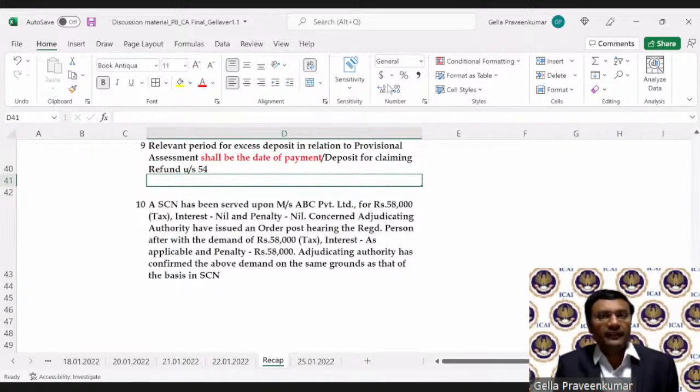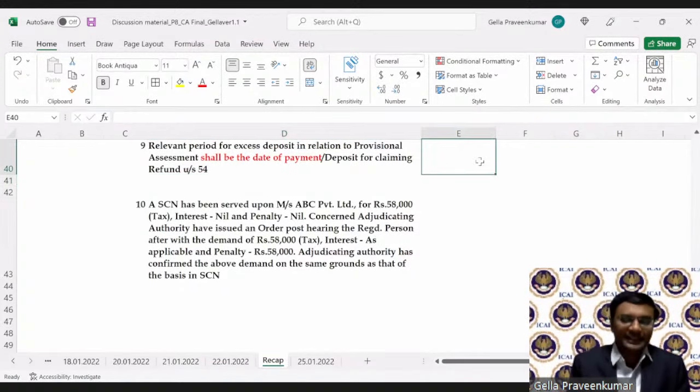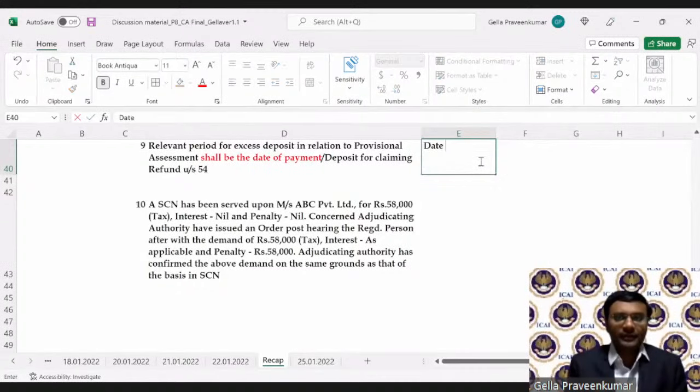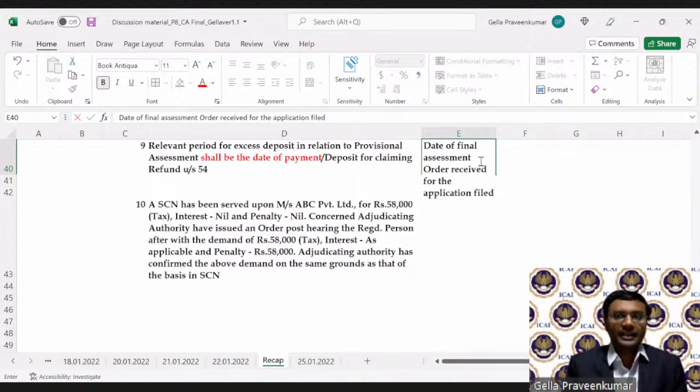Section 54. We had a detailed discussion point by point. So with respect to provisional assessment, the relevant date is the date of the final assessment order received for the application filed in relation to provisional assessment.